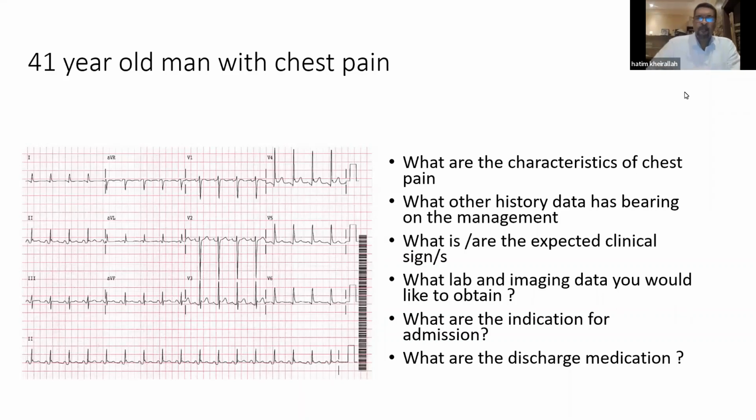What lab and imaging data would you like to obtain? Lab data. Of course, the regular routine ones, CBC and urea and electrolytes and stuff like that, are okay.